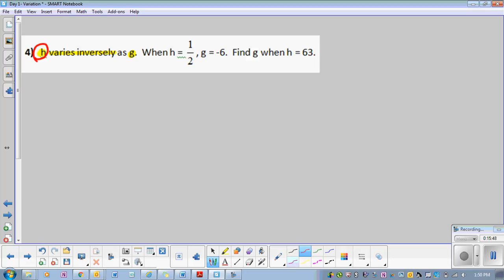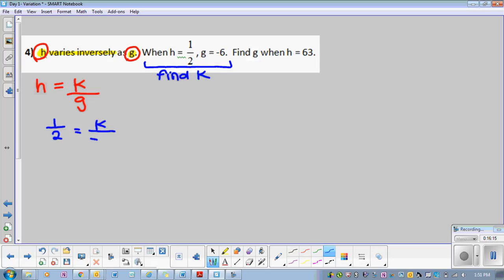So, H varies inversely as G. So this next part is what I'm going to use to find K. H equals 1/2. I don't know K, and G equals -6.